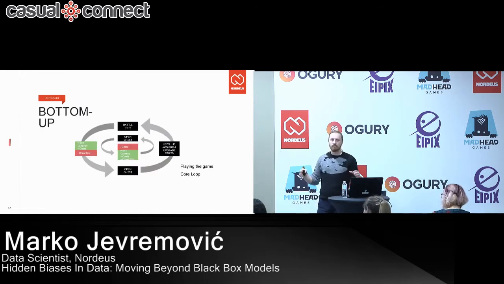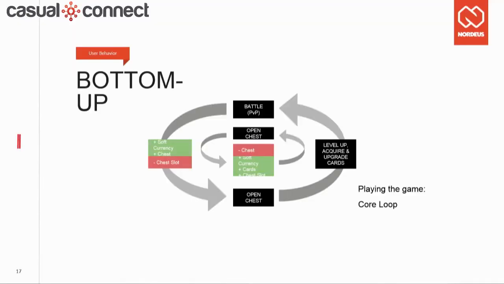And this creates a general framework where you have users with more or less consistent behavior over long periods of time. And this is very important for mobile games, because I could argue that the actual game that users are playing for long periods of time is the core loop.